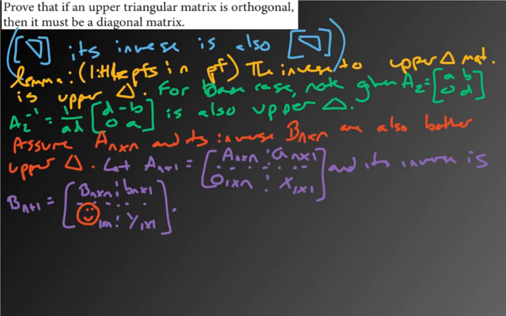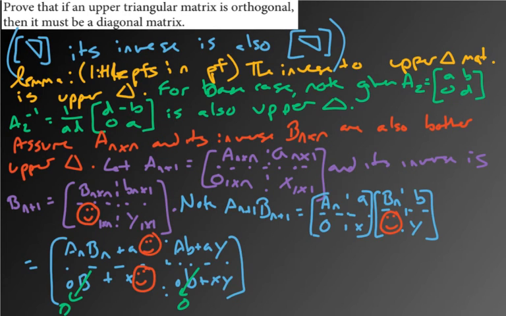So I'm just going to say note that A_{n+1} times B_{n+1} equals that thing. So what I just did is basically multiply them. It was literally rows times columns. I put that here. Row times columns, put that here. Row times column, put that here. Did a little simplifying. This is 0, so that's gone.